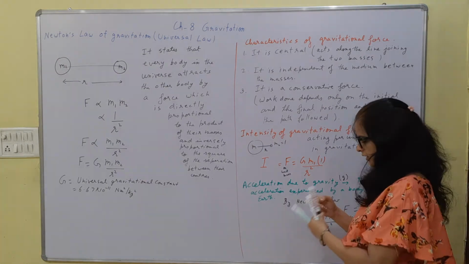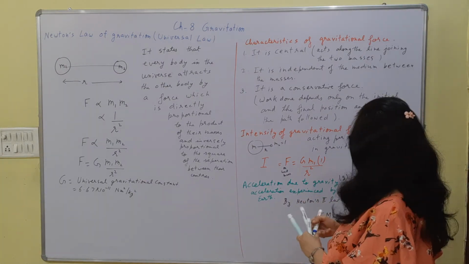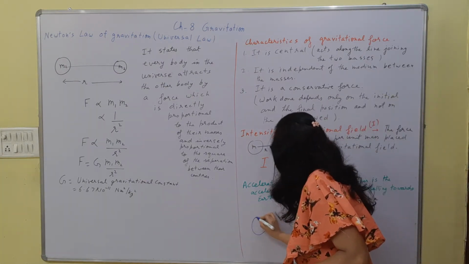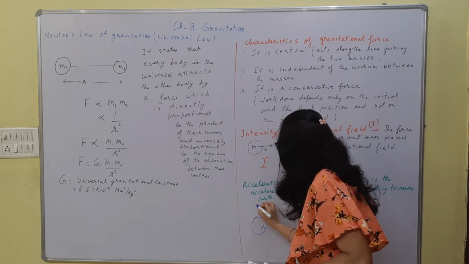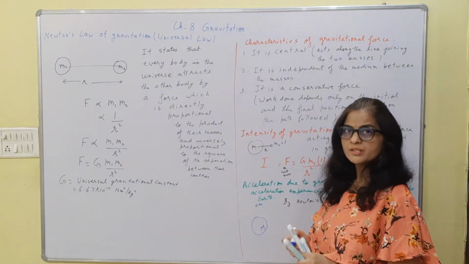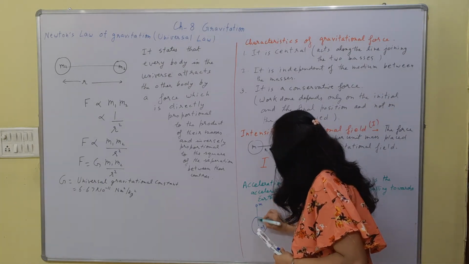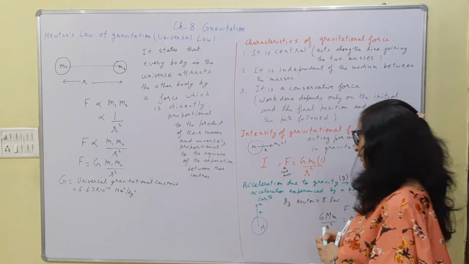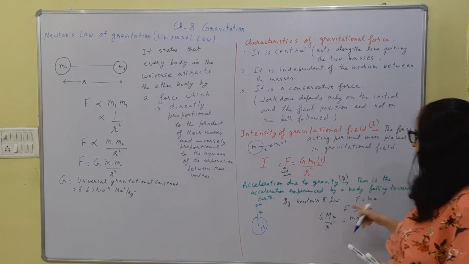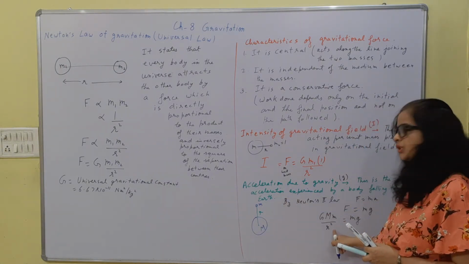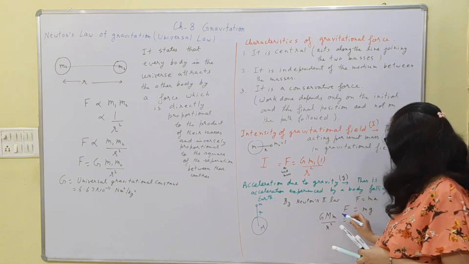So if I want to draw the diagram, I can draw it like this, that this is your Earth with mass M. This is a body with mass small m. The separation between their centers is small r, right? Then we can say that this is the force with which it will be attracted towards the Earth.